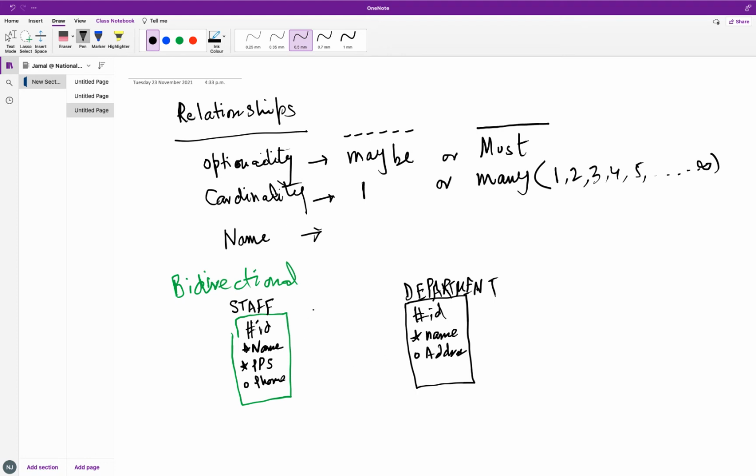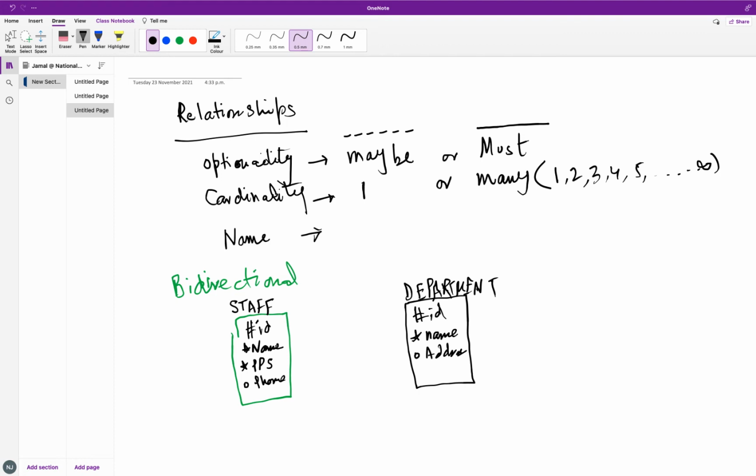So, for example, there is a policy that each staff must work in one and only one department. Obviously, if I am part of BIS, it's very hard that I could be part of some other department as well, unless I am on some split program, that's fine.